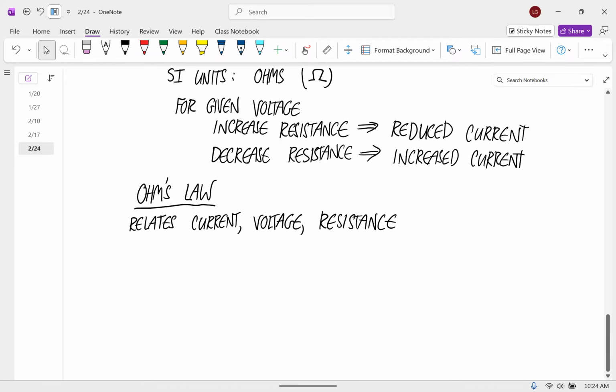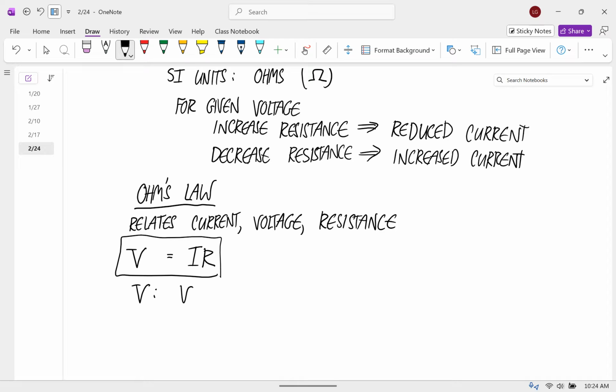And the equation says the voltage is equal to the current times the resistance. So I'll define these three variable values. V is the voltage.